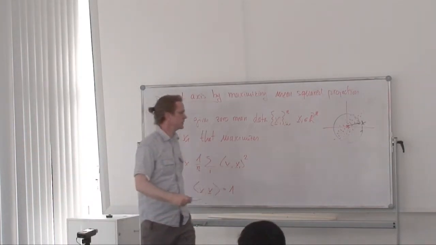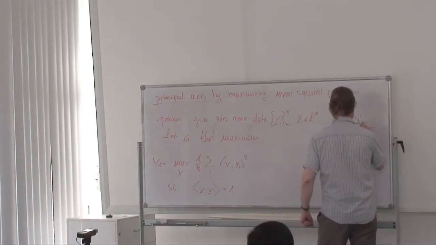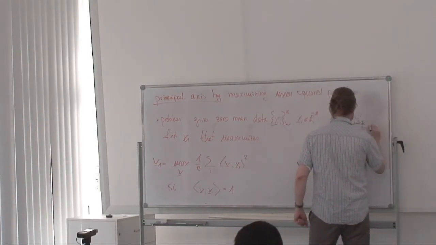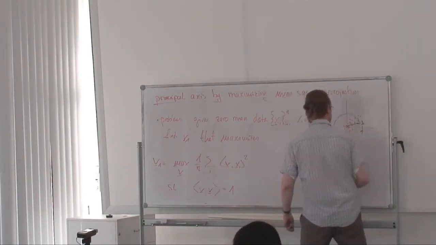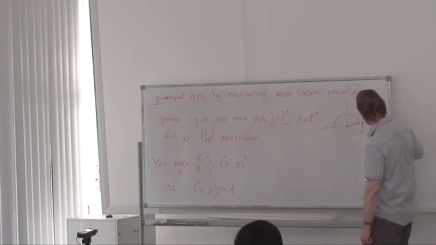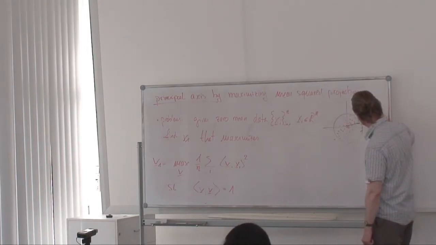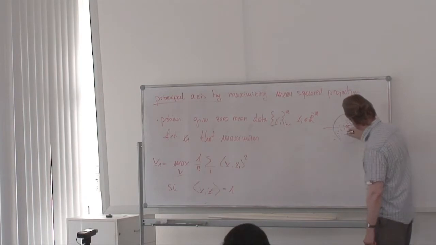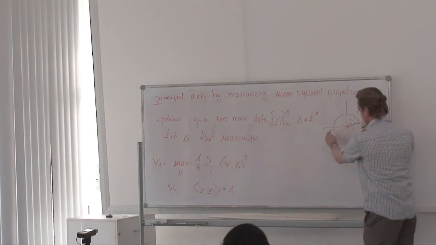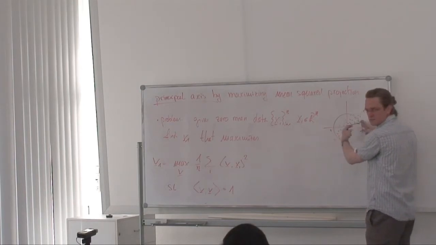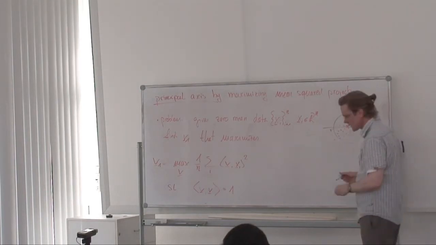Right? What does that mean? If we project all the data onto this direction, then say this extreme data point will end up here, and this one will, I don't know, end up here. And the projection has a certain variance.